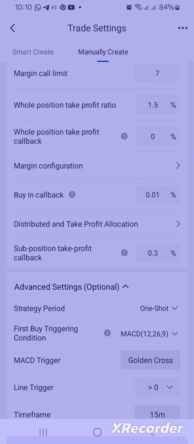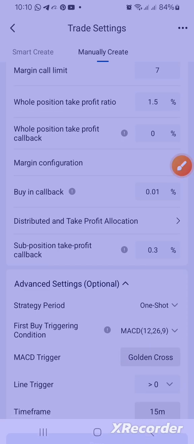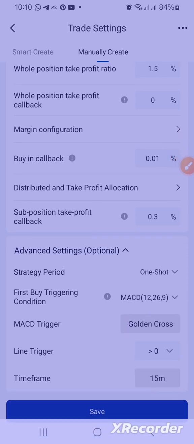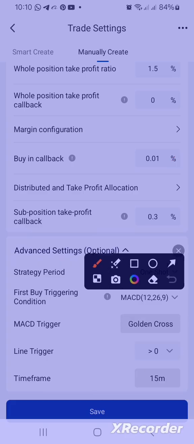So that one you decide according to how you can see the coin and the time frame which you want it to work or to cross, because the golden cross in the 15 time frame will not be the same with the 4-hour time frame. So you can set all these as you want.